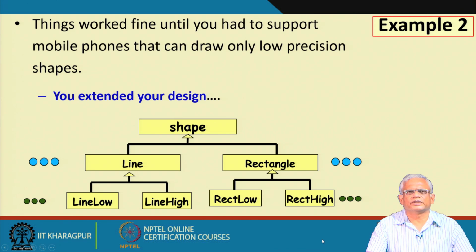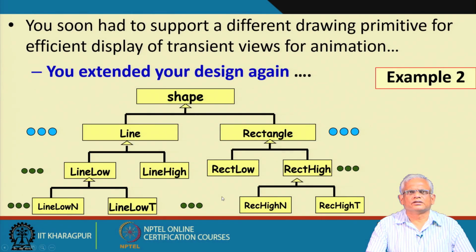So, by the maintenance to support mobile phone, we have extended the hierarchy, but then soon we had another maintenance problem. We had to support different drawing primitives for efficient display of transient views for animation.